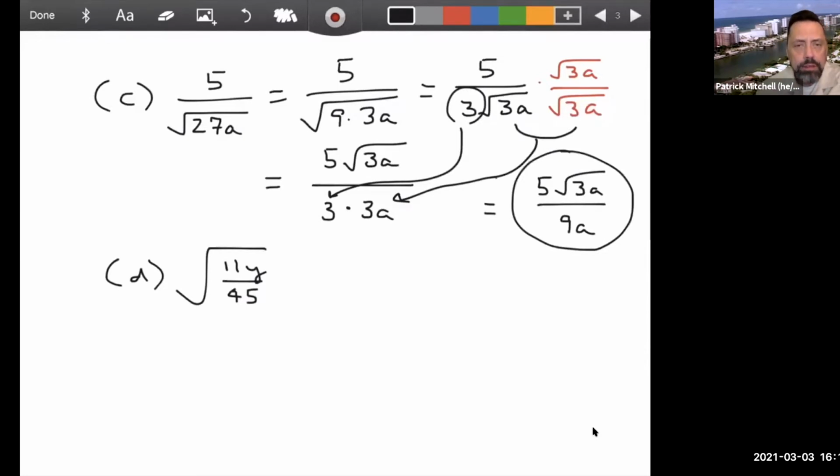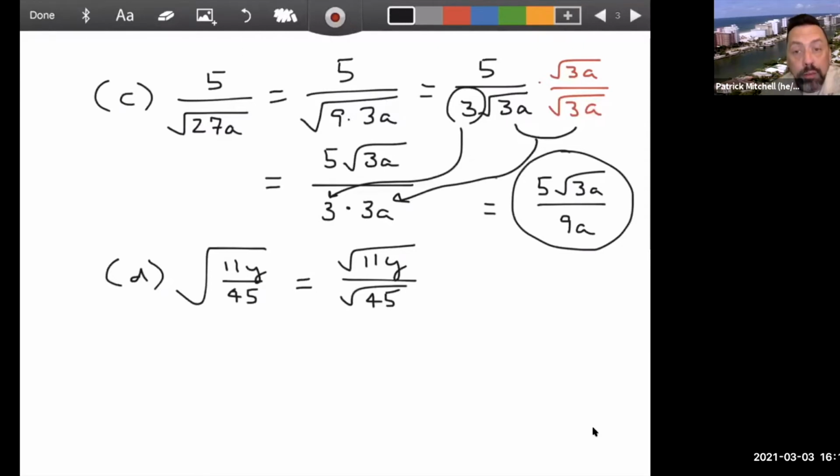All right, and then finally we have the square root of 11y over 45. This would be a great one for you to try if you haven't tried one yet. There's absolutely nothing new that's going to come up in this one. So first, use my quotient rule, rewrite this as square root of 11y over the square root of 45.